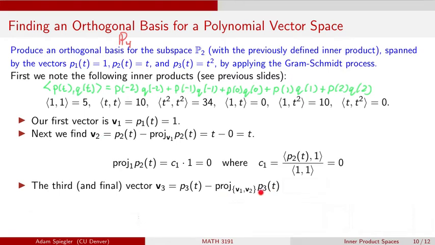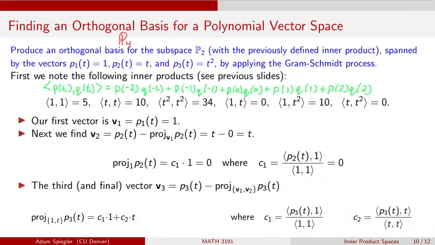So to first calculate the projection of P3 onto the subspace spanned by the first two vectors, we use this nice formula from the Gram-Schmidt process that says we take linear combinations of the first two basis elements, 1 and t, and the weights that we use are given by these two formulas for C1 and C2.